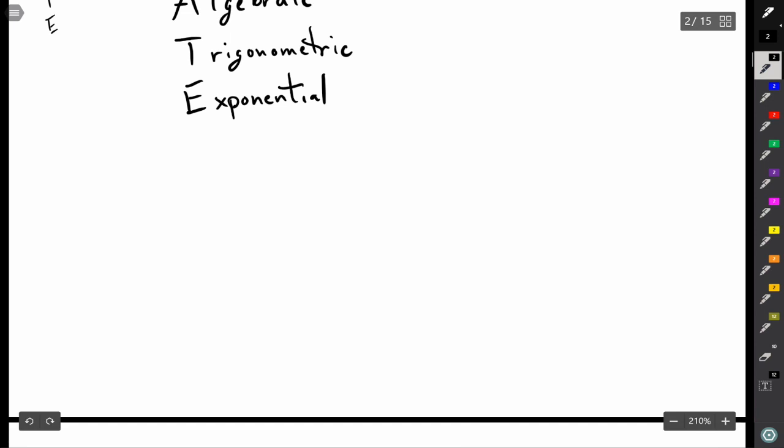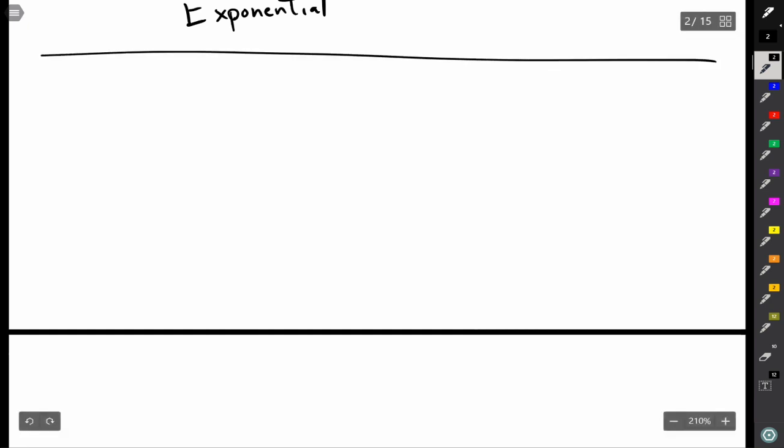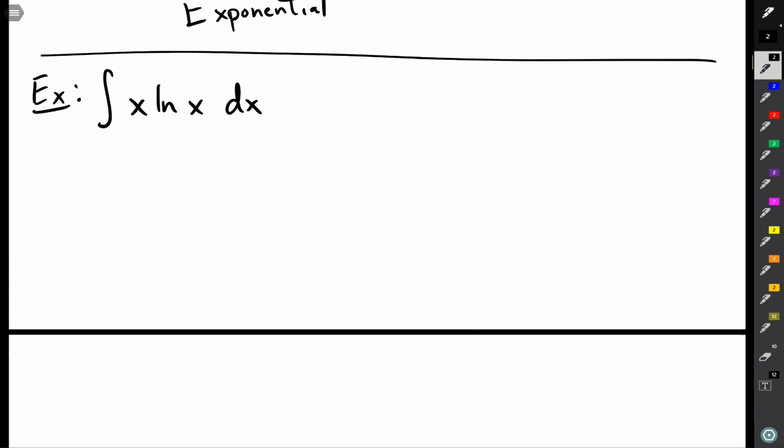So let's talk about how we do this with a basic example. A good example, let's start off with the one we just said verbally: not x dx, sorry, x ln x dx. Here, we can't do a u substitution on this one.